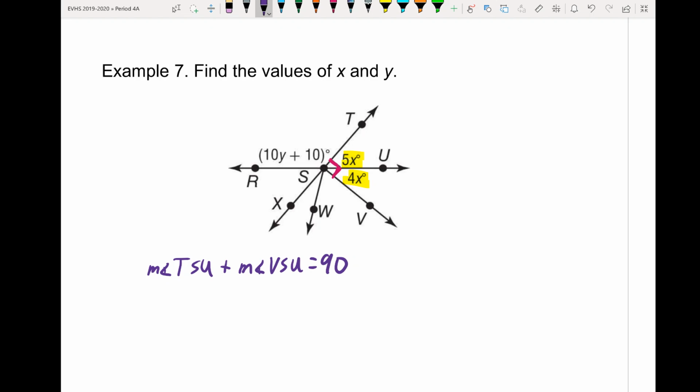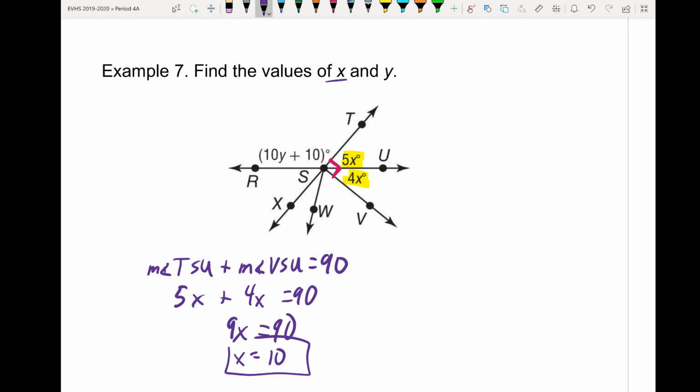Yeah, measure of angle TSU is a variable there. All right, so let's start plugging in. Measure of angle TSU is 5x plus measure of angle VSU is 4x equals 90. Which now simplifies down to 9x equals 90. And then divide through, I get x equals 10. There's one of my answers.